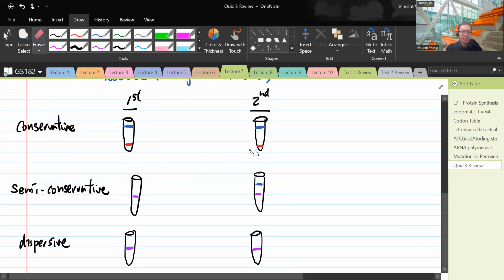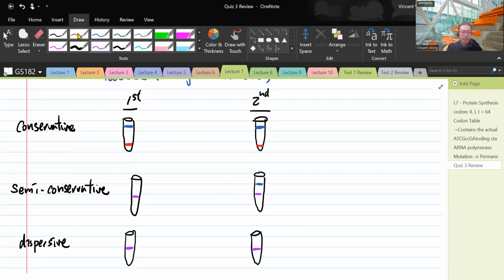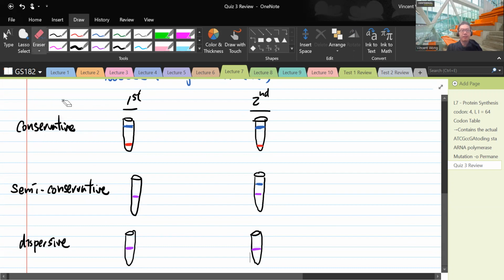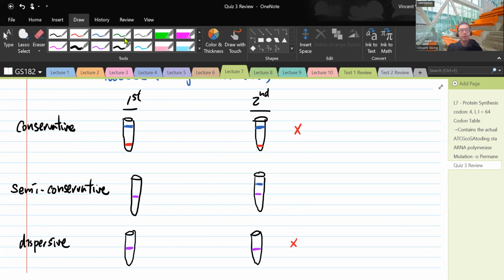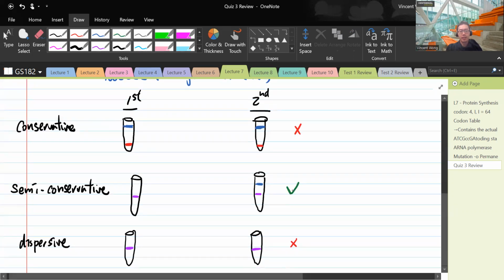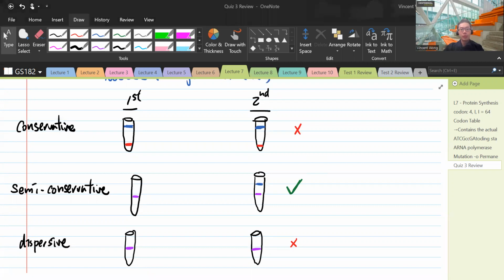So these are the expected results that you would get if DNA follows these various models. And of course, these are not the correct ones. Their experiment shows that it is the semi-conservative model that was the correct one. Okay, hope that makes sense to you.